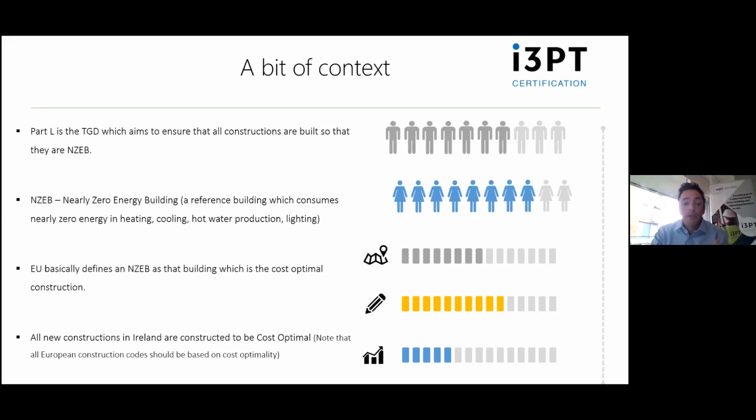I think it's important that we understand this, as I've personally heard that perhaps we should build different levels of energy efficiency buildings for the market to BER rated building. The fact is, what we are doing is making the most cost-effective building for that person based on the complete life cycle of the building.